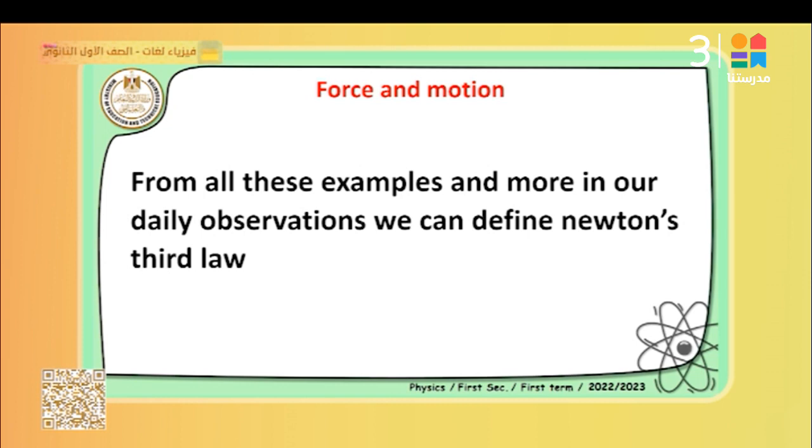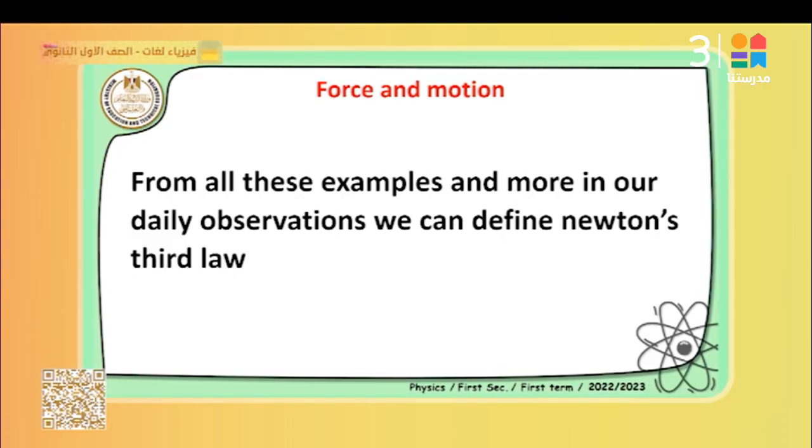From all these examples that we have seen, or in our daily observation, we can define Newton's third law. All these are applications, examples, for Newton's third law.